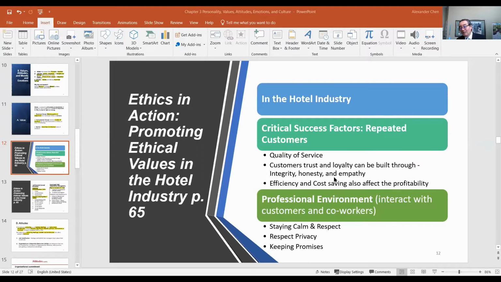Integrity, honesty, and empathy. Of course, efficiency in cost saving is also important. But in fact, the most important thing is quality of service. The most important thing is integrity, honesty, and empathy.